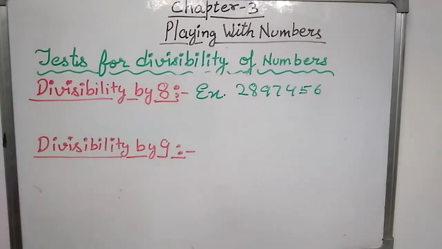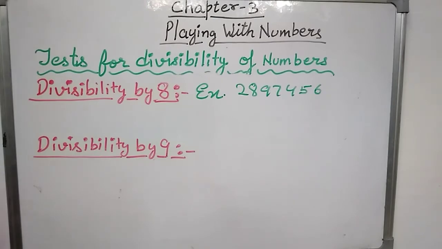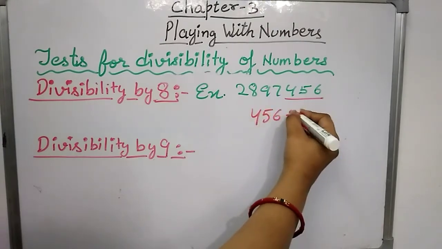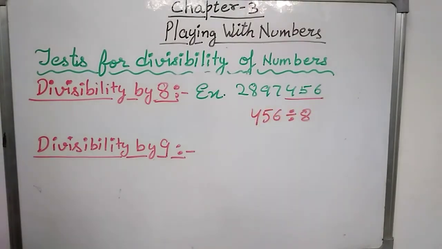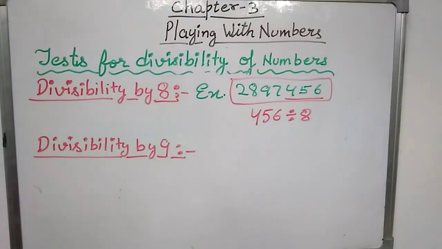Last three digits are considered. So in this number, last three digits are 456. So this 456 is divisible by 8. Hence, this complete number is divisible by 8.